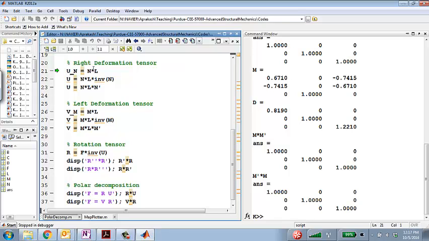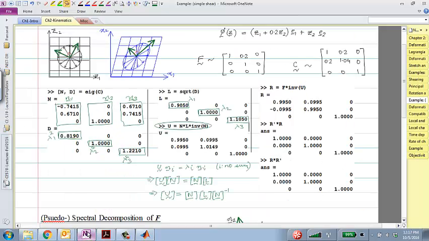So to do that, I will take n acting on L, and then times n inverse, which is basically going to be n transpose.